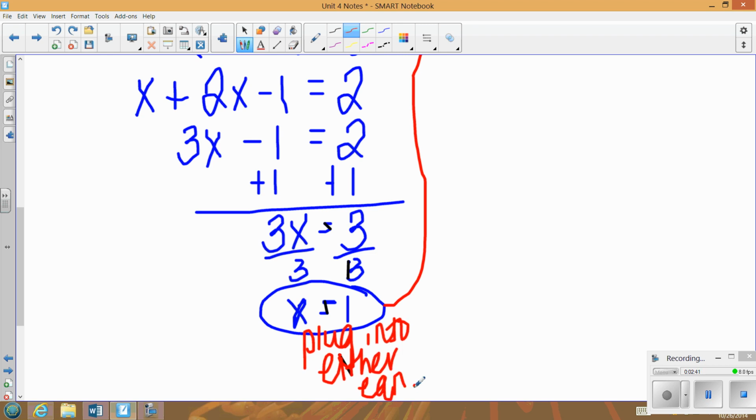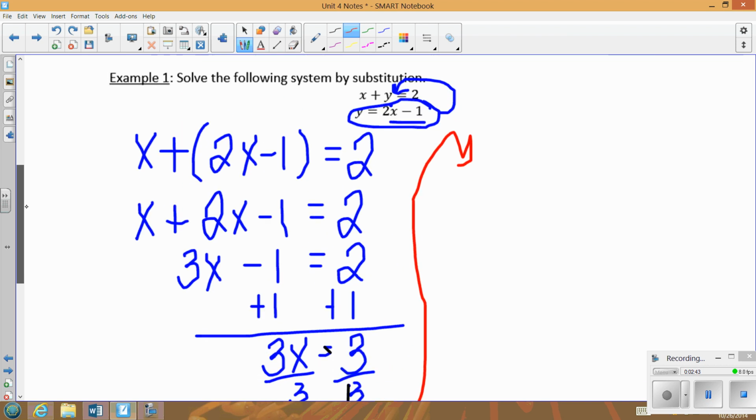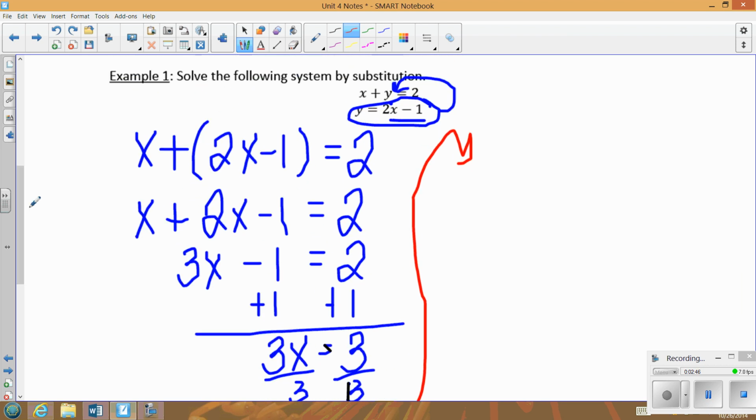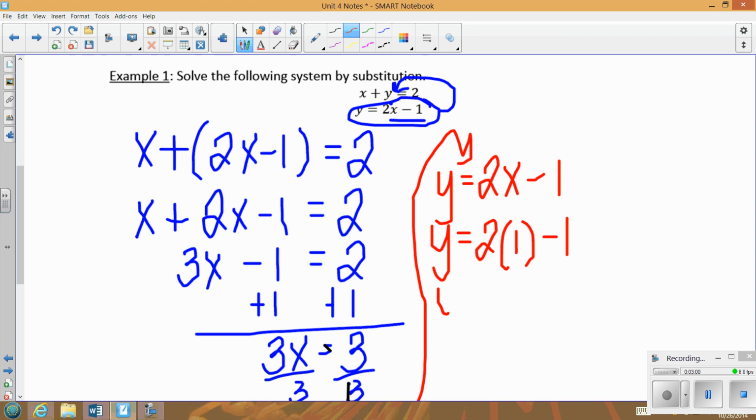I usually try to pick the easier equation, and the easier one is the second one because it's already solved for y. So I'm going to plug into y equals 2x minus 1. Plugging in 1 for x, y equals 2 minus 1. So y equals 1 as well.